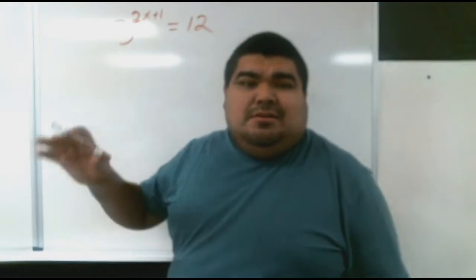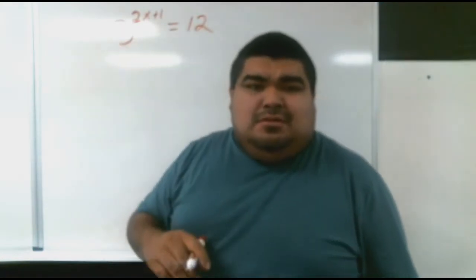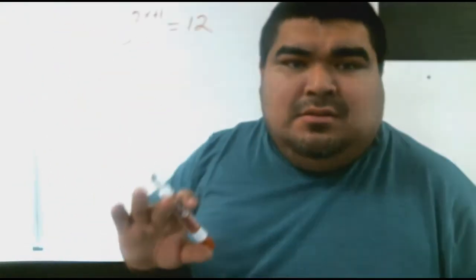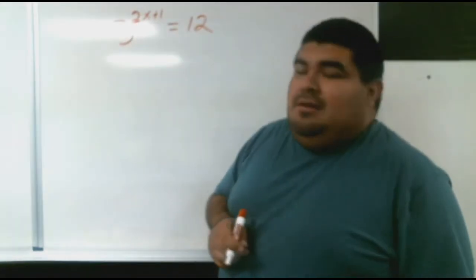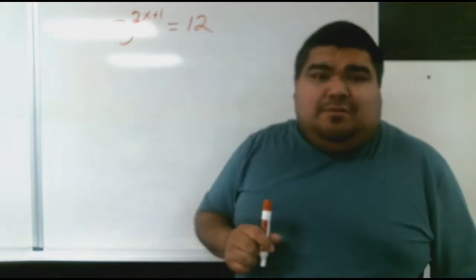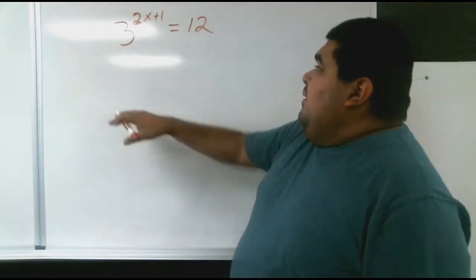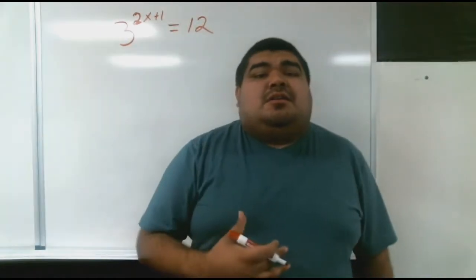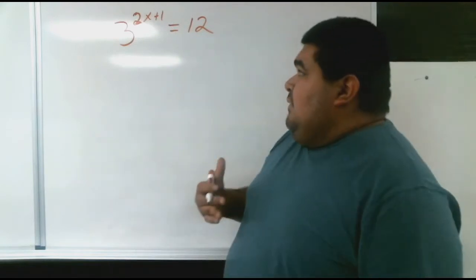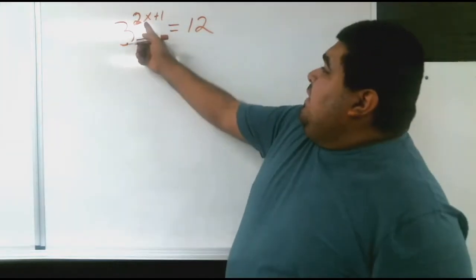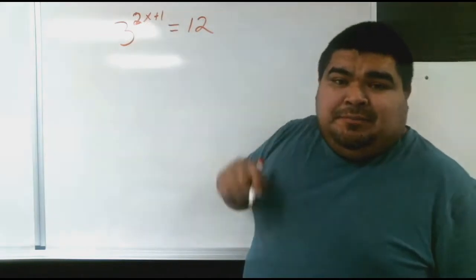We have 2x plus 1 equals 12. Okay. We're trying to solve for x. That's what we're trying to do. We're trying to solve for the x that is an exponent.